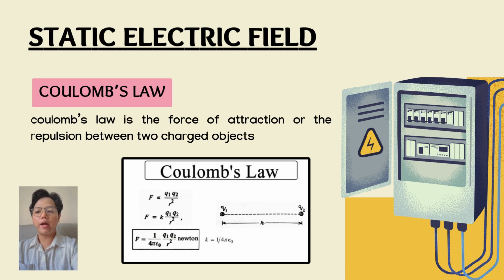The force acts along the line connecting both charges and is directly proportional to the product of Q1 and Q2, and inversely proportional to the square of the distance. We can see over here that the final formula is F equals K times Q1 Q2 over R squared, where K is a constant.